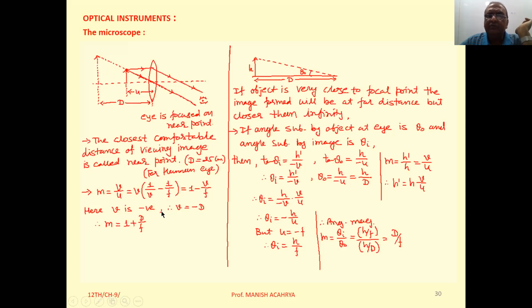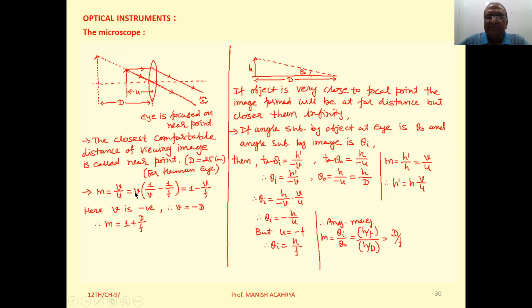So magnification is given by M equal to V by U. But we have the equation 1 upon F equal to 1 upon V minus 1 upon U. From that we can write 1 upon U equal to 1 upon V minus 1 upon F. Okay, so we can write M equal to V into (1 upon V minus 1 upon F).